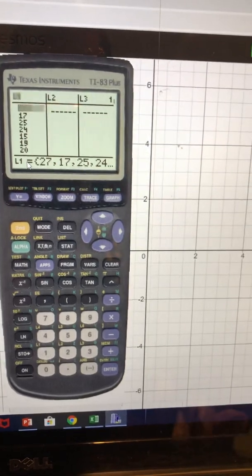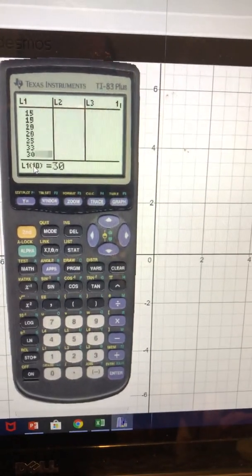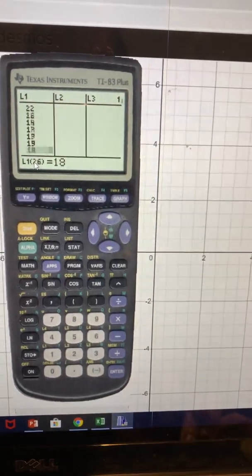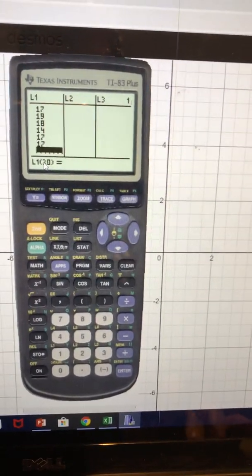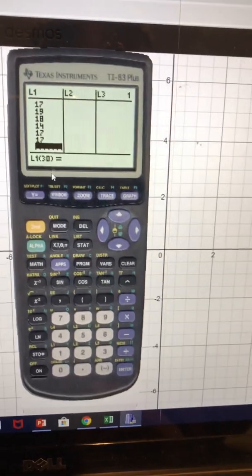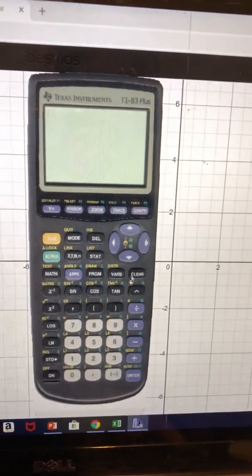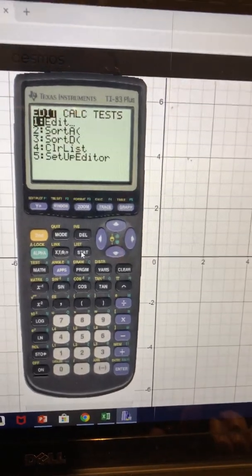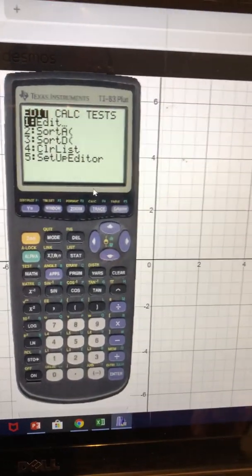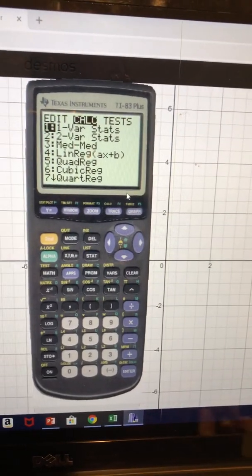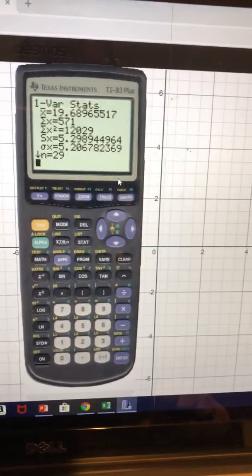Okay, let me try that again. To find the mean, once you're all done, I usually get out of this by hitting second mode. You don't necessarily have to. Then Stat, and then you go over to Calc, and you choose the first one and hit enter.